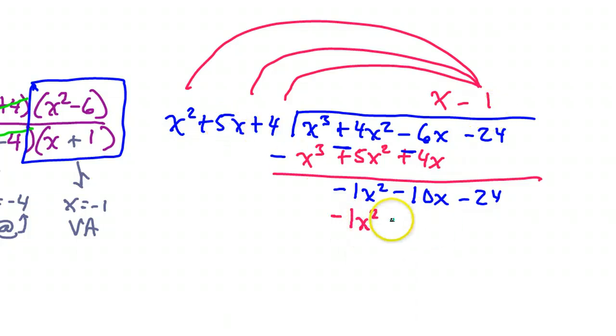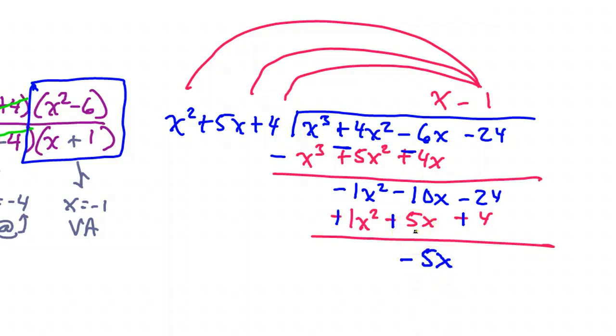Negative 1 times 5x is negative 5x. Negative 1 times 4 is negative 4. And I will subtract by changing the sign. So this will become plus, plus, and plus. So these cancel out, but this is going to give me negative 5x, and this is going to give me negative 20.